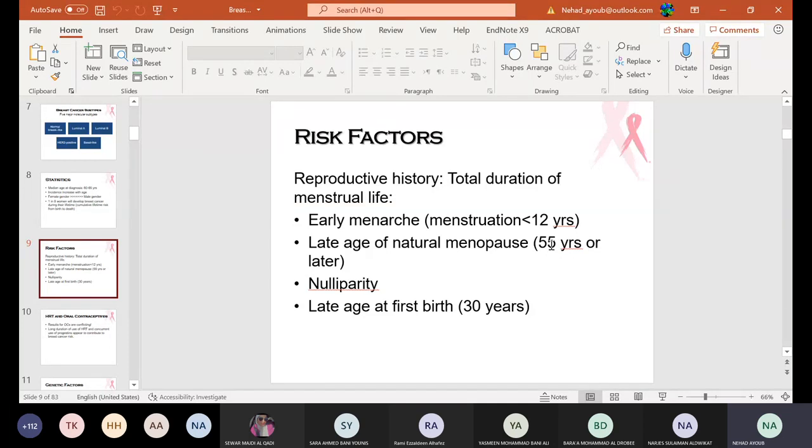Age at first birth: what was the age at the first birth? The higher the age, the greater the risk. They link it to the age of 30 years, meaning if the first baby came after the age of 30, the risk of breast cancer also increases. So these are all factors that have to do with the reproductive history. Especially nulliparity, menopause and menarche are not under control.